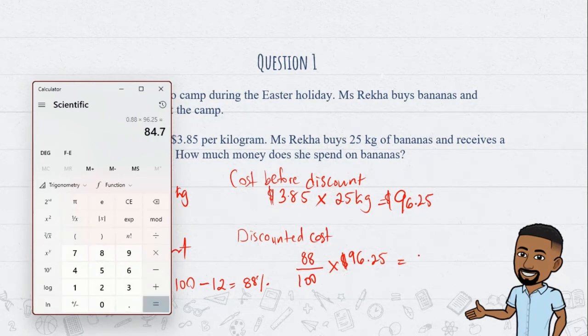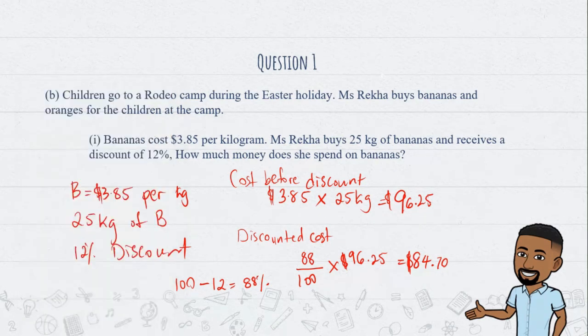So that's $84.70. So that's the cost of the item with the discounted amount. So she's just gonna pay $84.70 for the bananas. So that's the answer for the question.